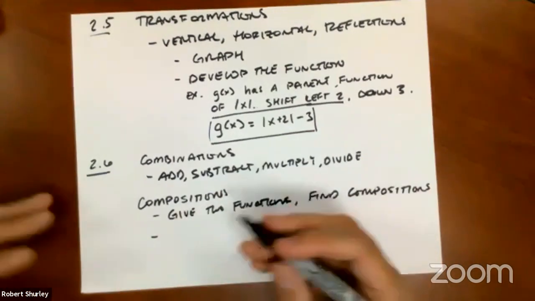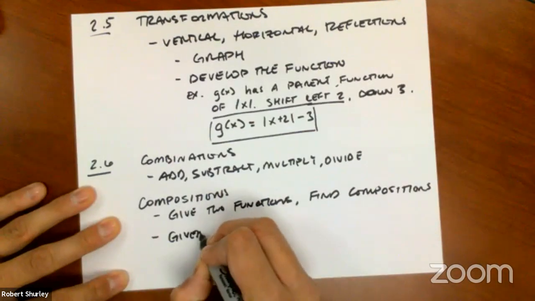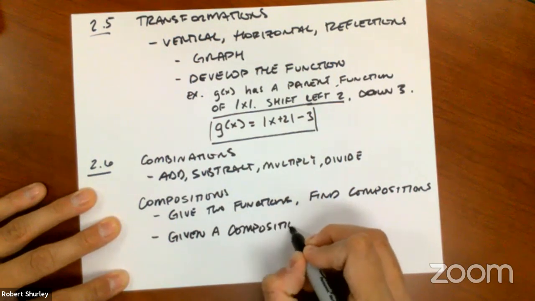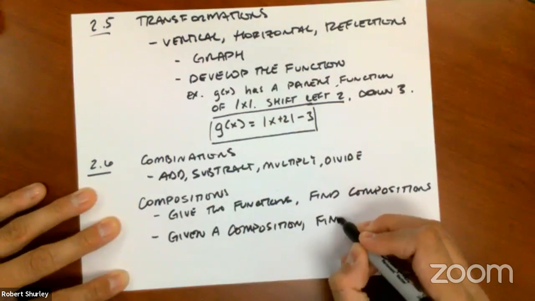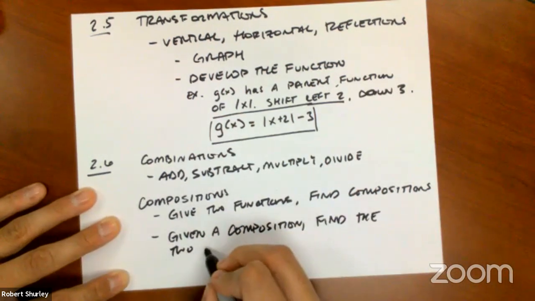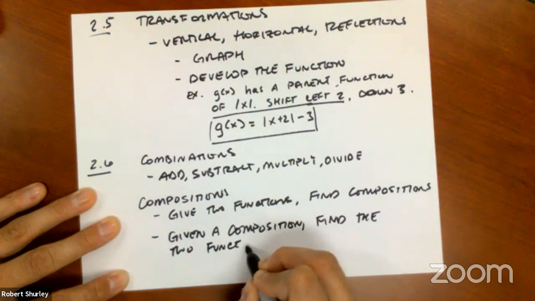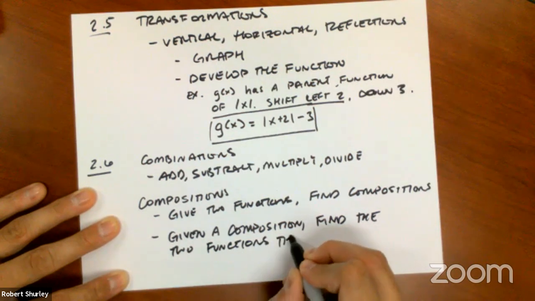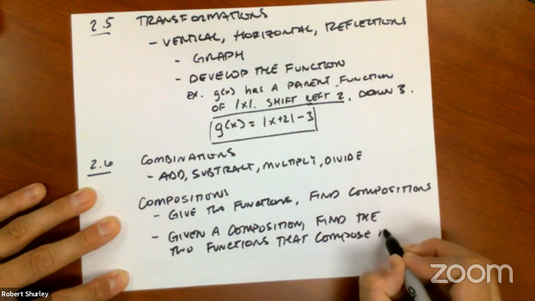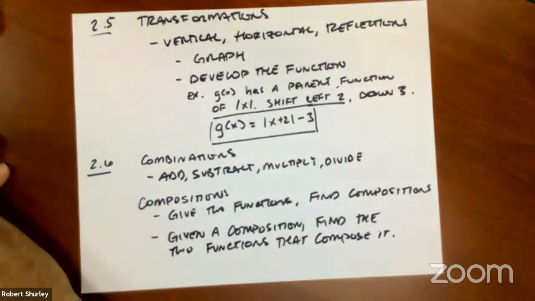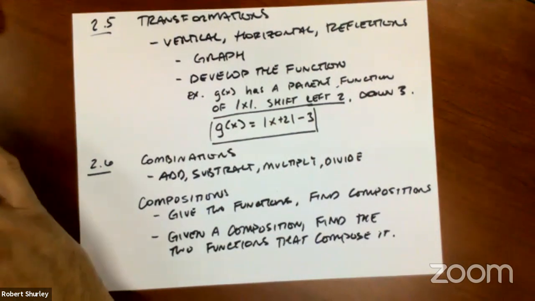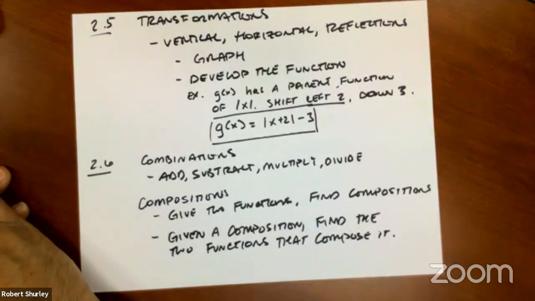And the second one is given the composition function, find the 2 functions that compose it, okay? So given a composition, find the 2 functions that compose the composition, okay?